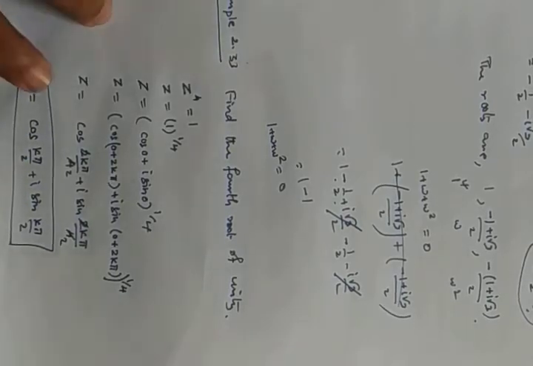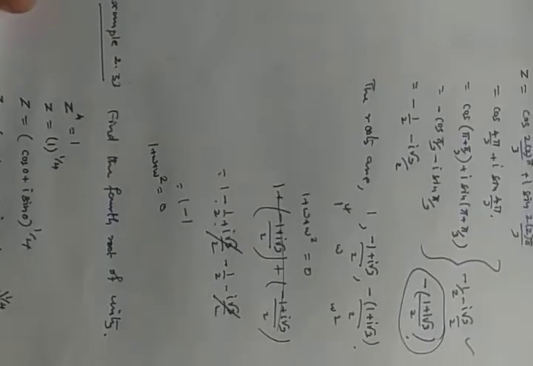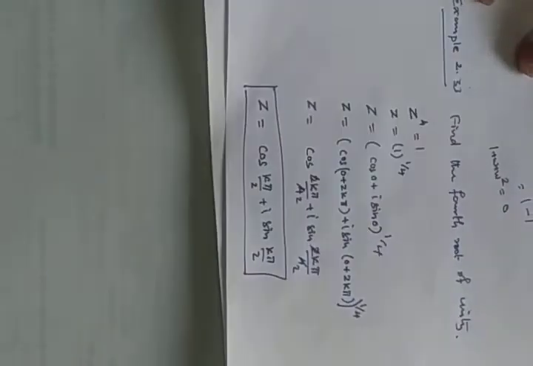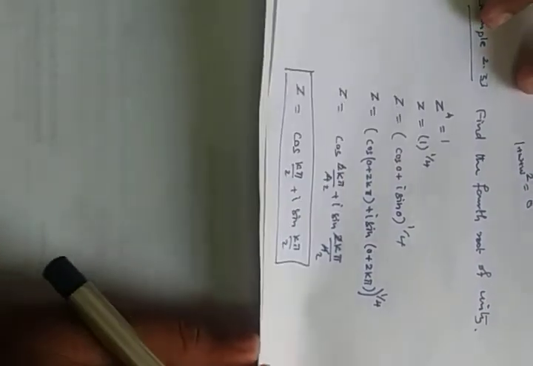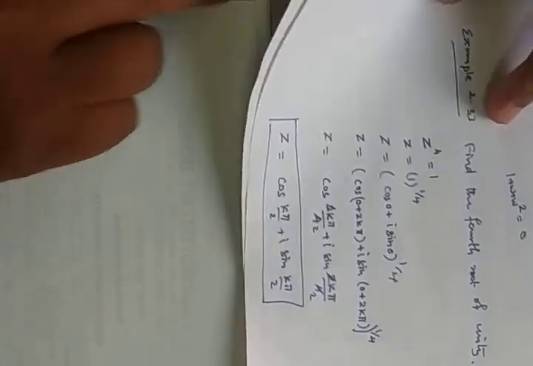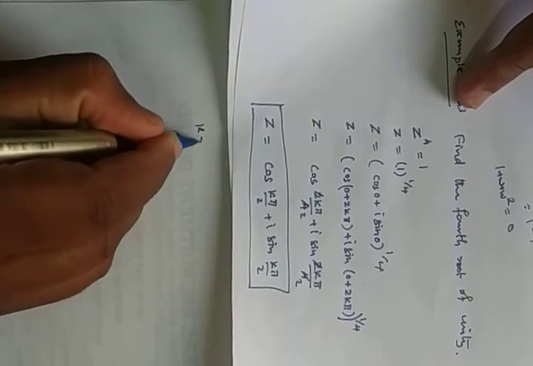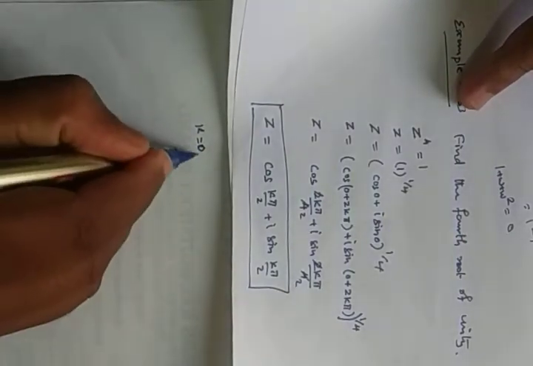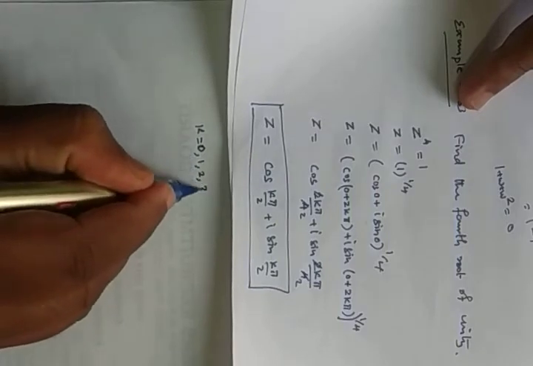Now we need to take the values, as we discussed in the last case. Put k = 0 first. There are 4 values, so k = 0, 1, 2, 3, and these 4 values we need to substitute.